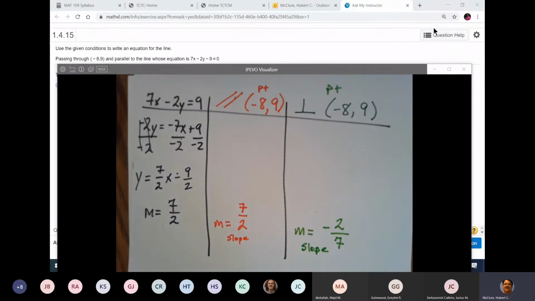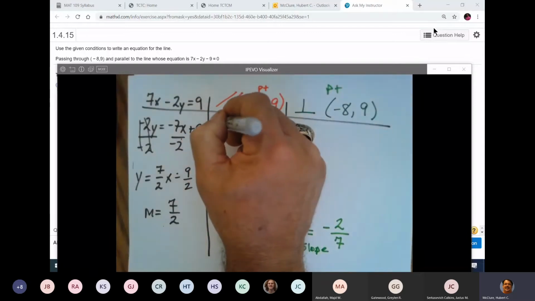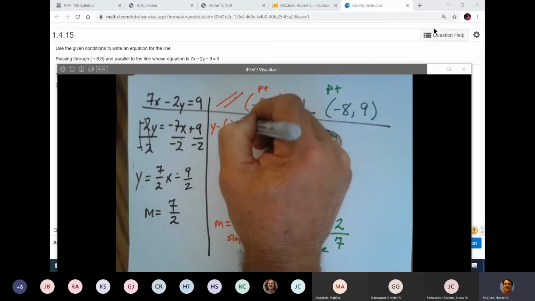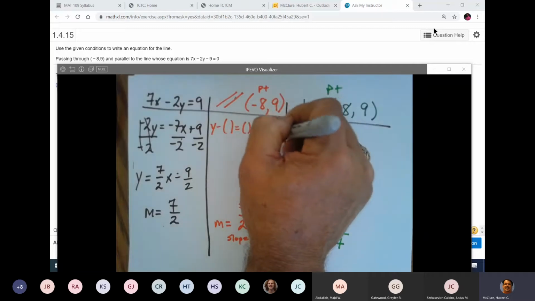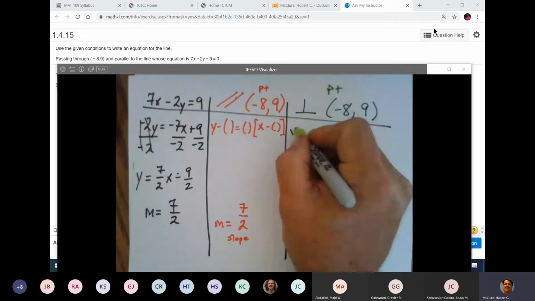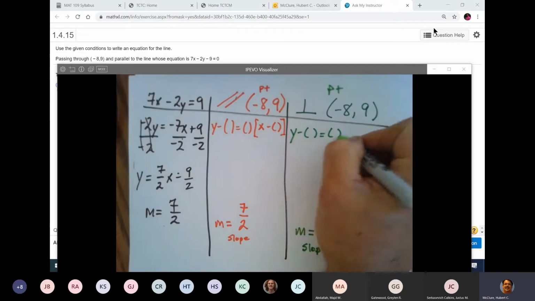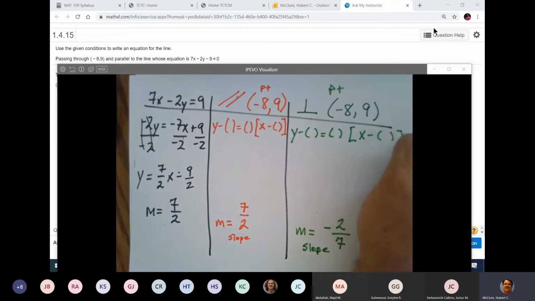Plug it in. y minus parentheses equals m times x minus parentheses.